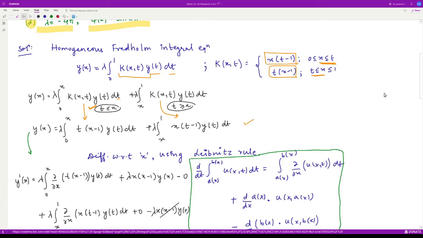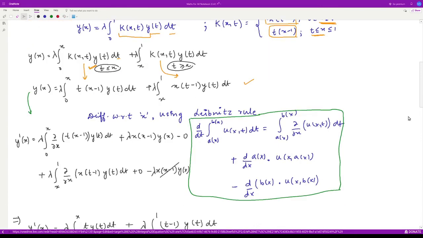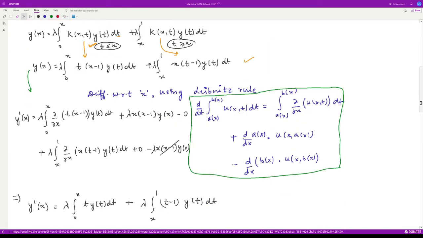To solve this equation, we convert it into the corresponding differential equation. For doing that, we shall differentiate it with respect to x and apply the Leibniz rule.